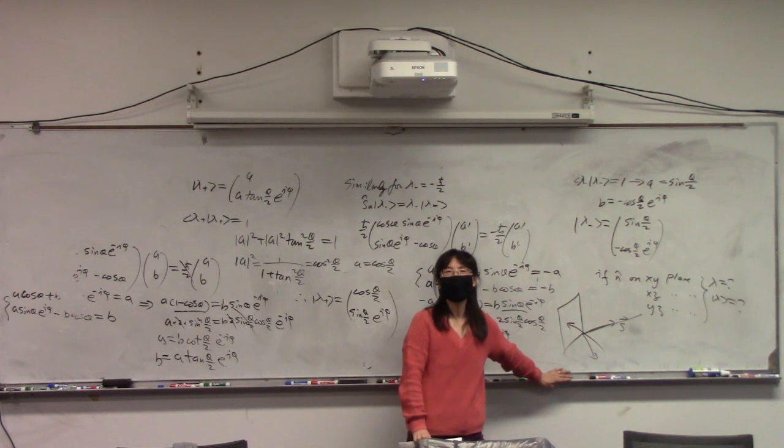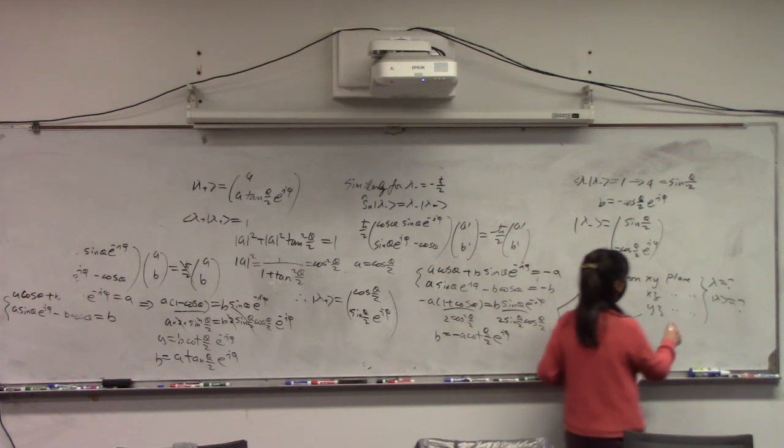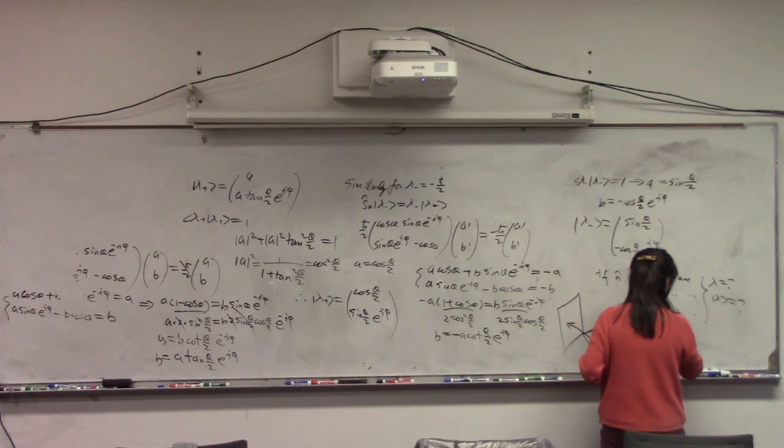I meant at what step in our process here did we, because we never explicitly said we're considering 2 dimensions. At what point in our math did we end up making ourselves be in 2 dimensions?